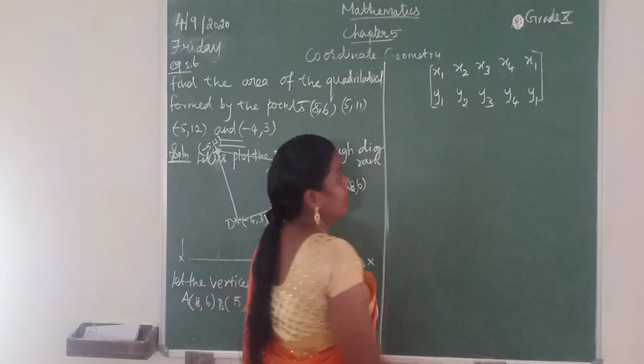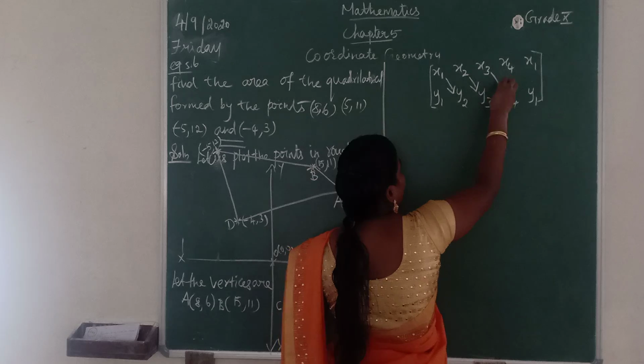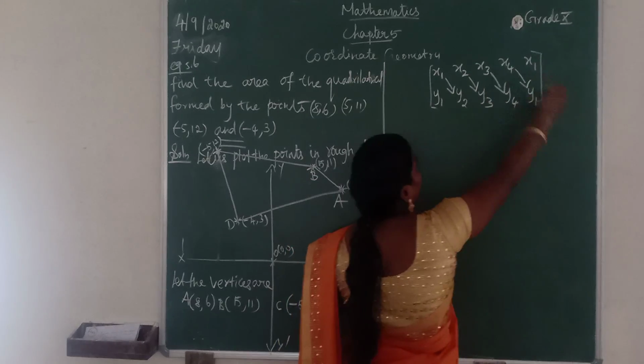First multiply all the leading diagonals: x1 y2 plus x2 y3 plus x3 y4 plus x4 y1.